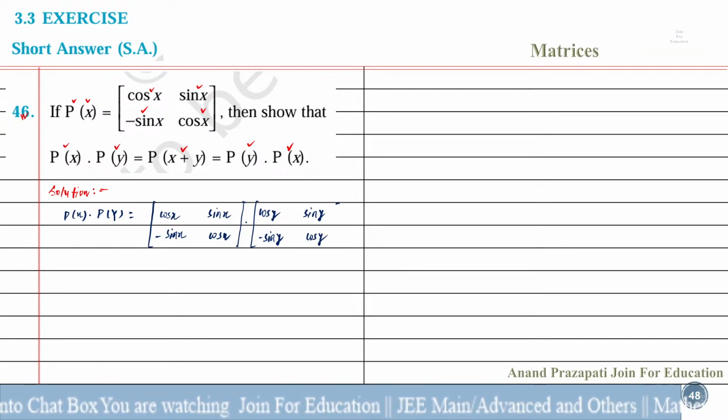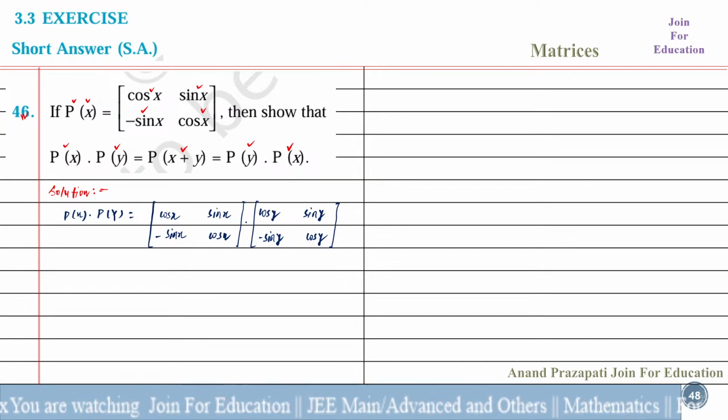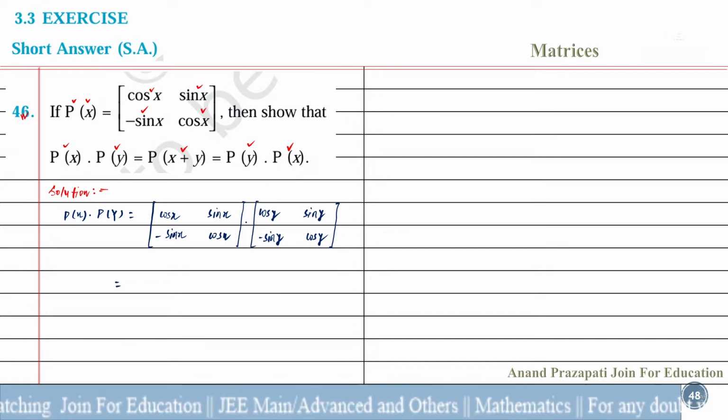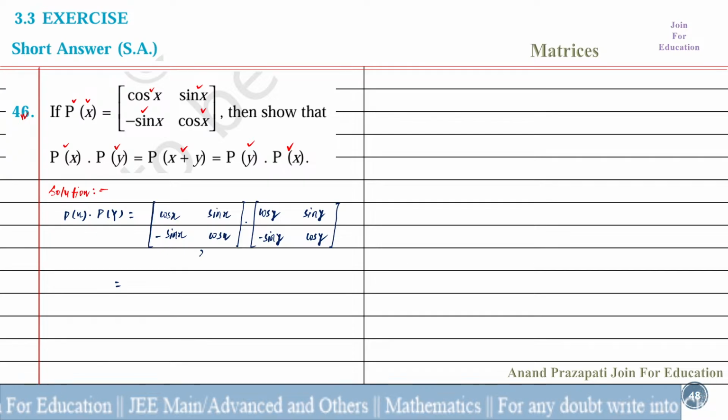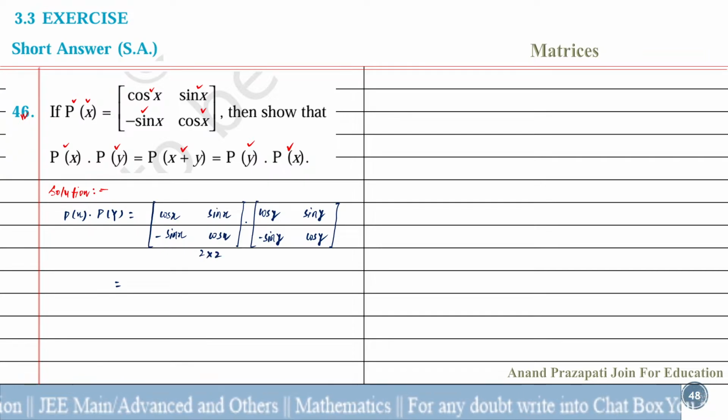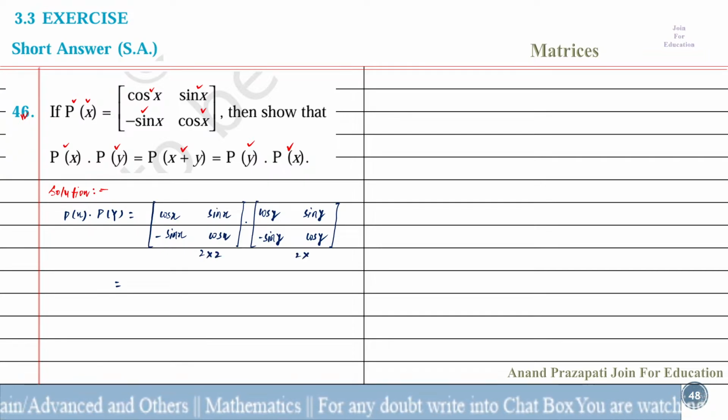Hope there is no problem to understand up to this step. Therefore, for the product of these two matrices, the order of this matrix is 2 by 2 and the order of this matrix is also 2 by 2.